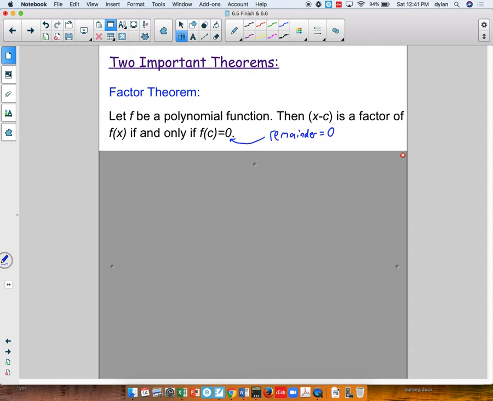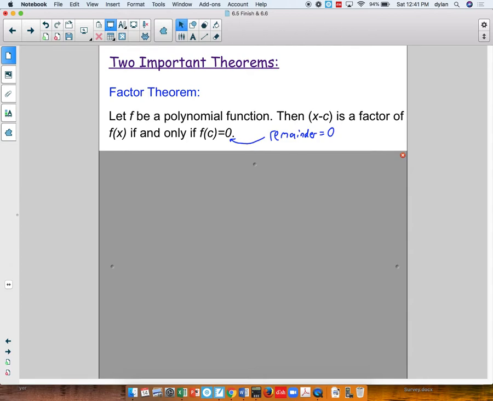This theorem, which can be proved through a longer proof, is basically telling you what you already know. It's just justifying it: if we have a remainder of 0, then x minus c is guaranteed to be a factor of f of x.